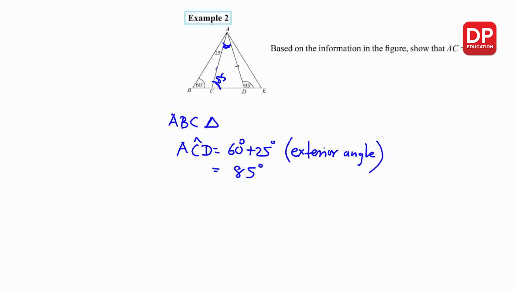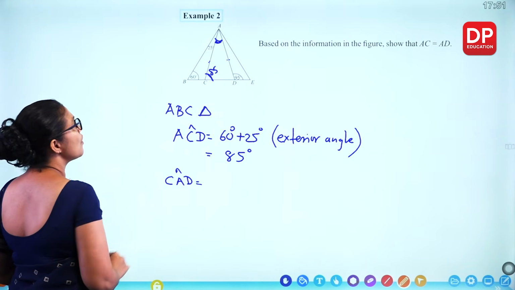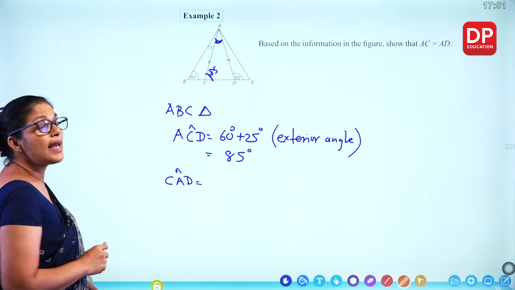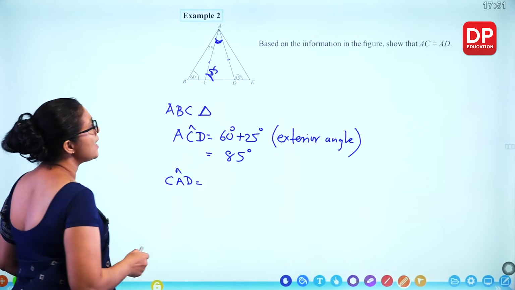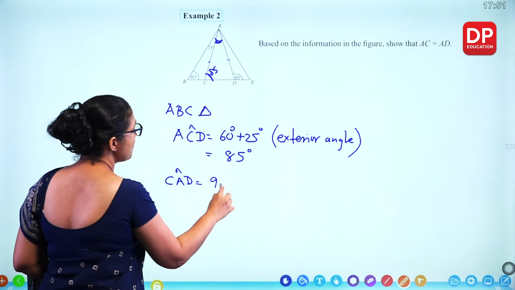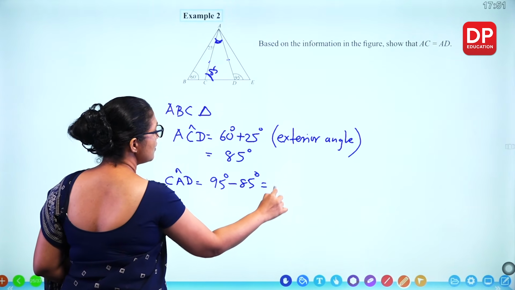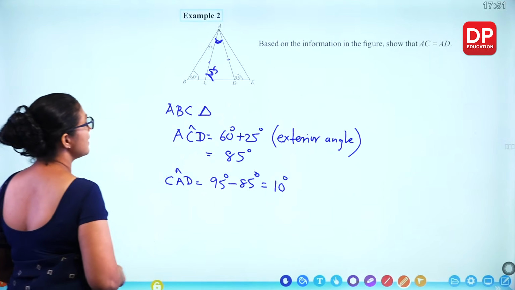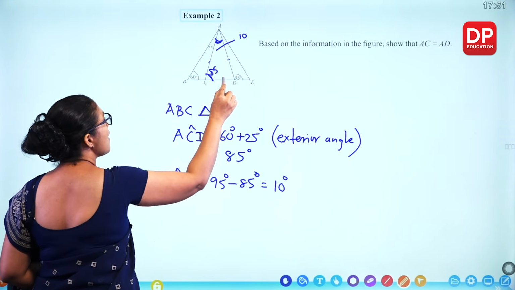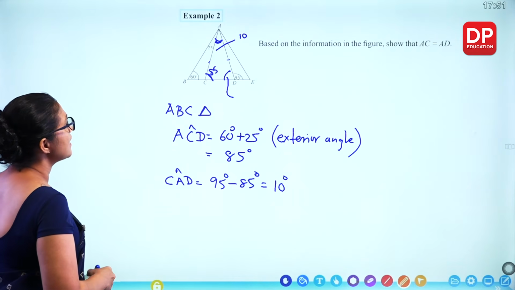How can I find CAD angle? We know 95 is the exterior angle to ACD triangle. So we can do CAD angle is 95 minus 85. So what's the value? You get 10. Now this is 10 we found. This is 85. We can find this angle. So what's that angle?